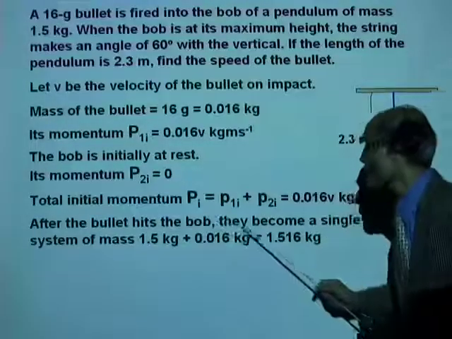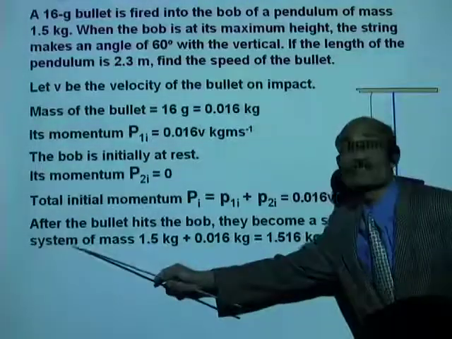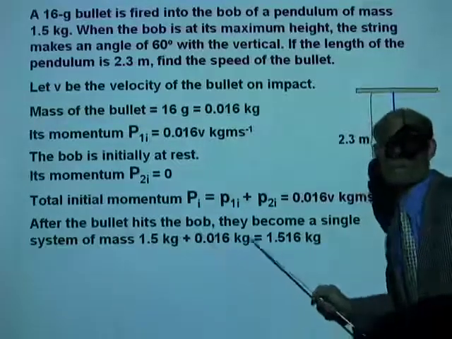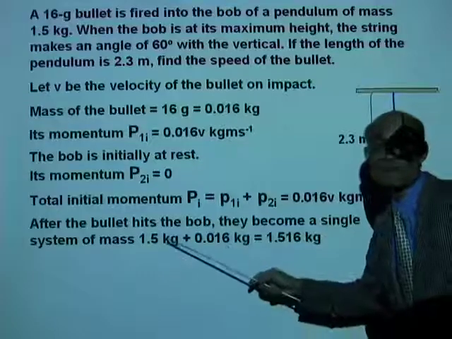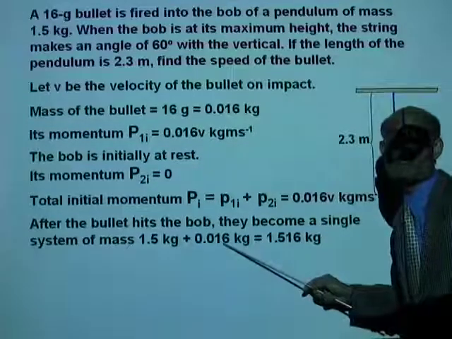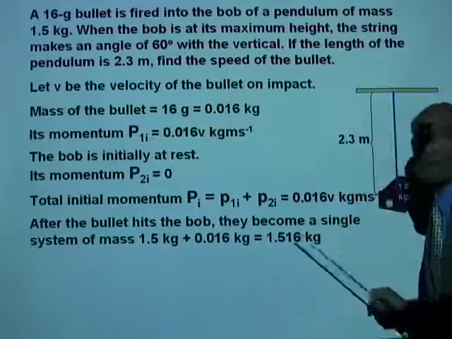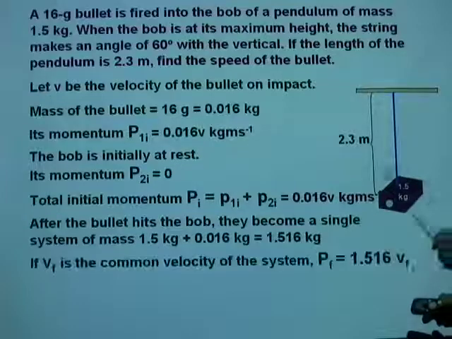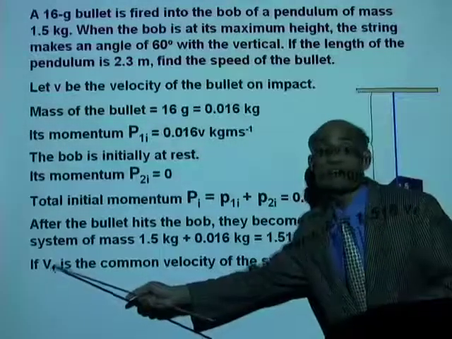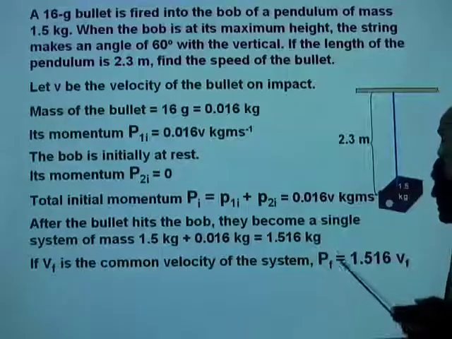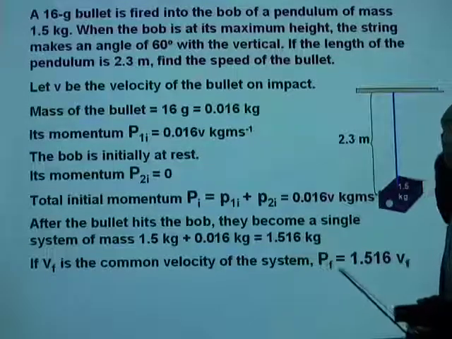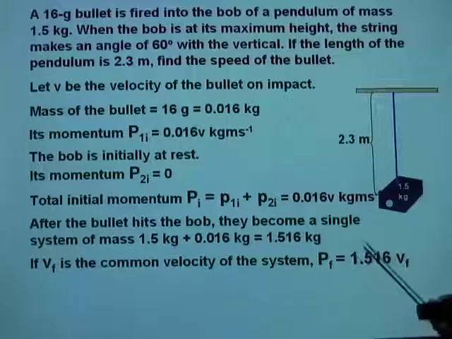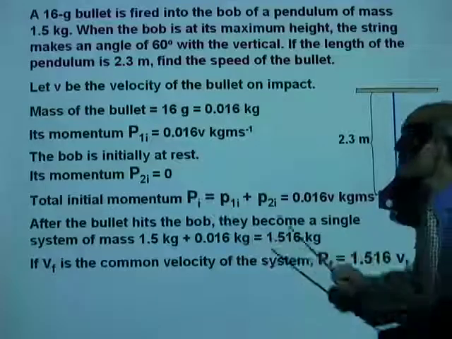After the bullet hits the bob, they become a single system of total mass 1.5 kilogram plus 0.016 kilogram, mass of the pendulum plus the mass of the little ball, and that is 1.516 kilogram, and moves away with a speed, a velocity Vf, so that the final momentum Pf is 1.516 Vf, and that Pf must be equal to Pi.